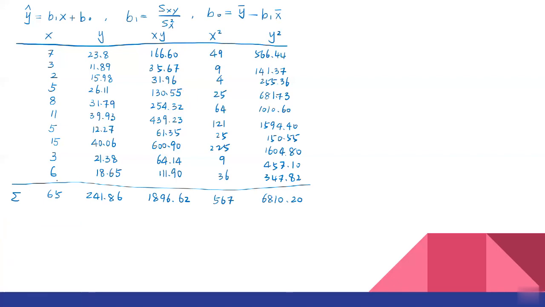All right, next, remember how to calculate SXY, how we can calculate the sample covariance. SXY is 1 over n minus 1 times, first term is all the x, y product. Second term is 1 over n times the sum of all x, and then sum of all y's, right?